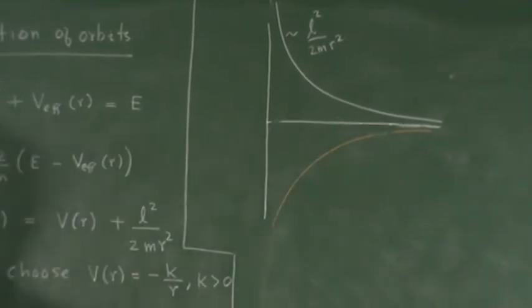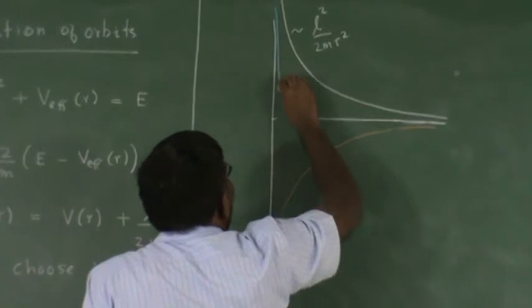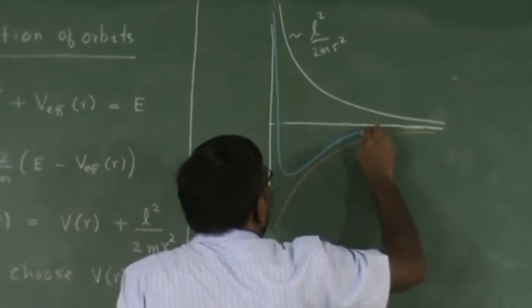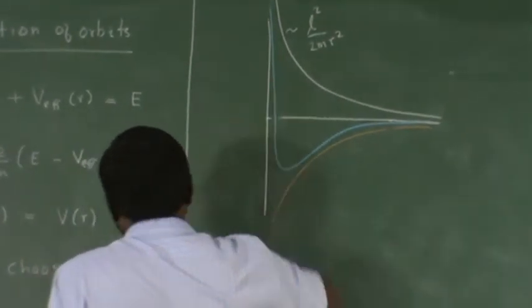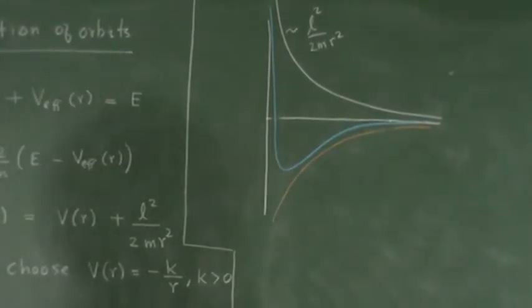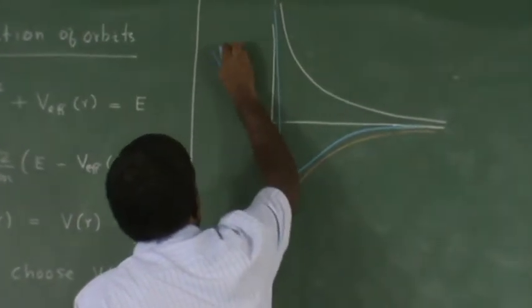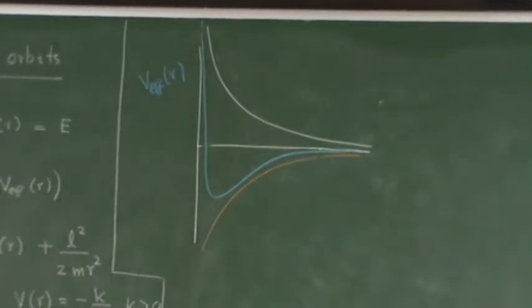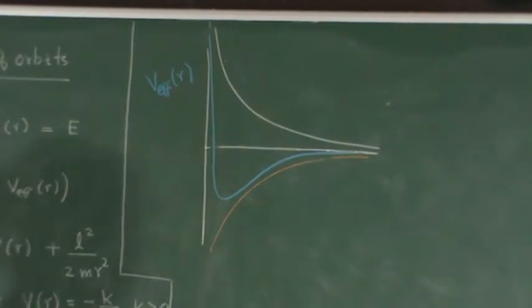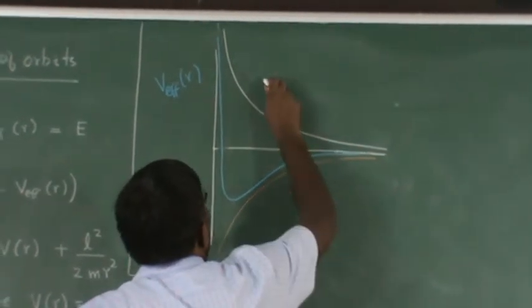And the effective potential, we can write this one as V effective of r, and this as minus K by r, and this is L square.